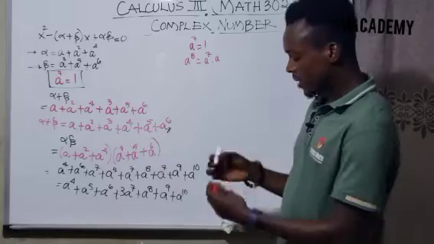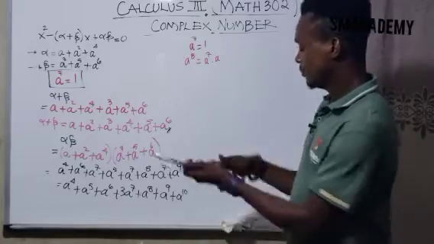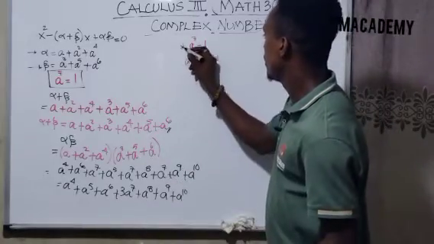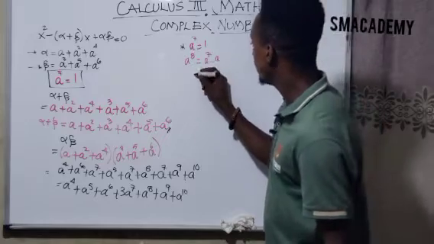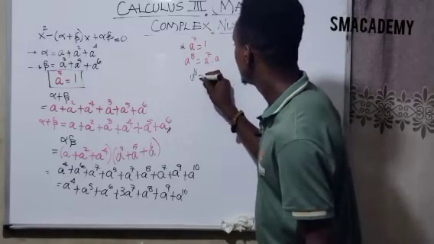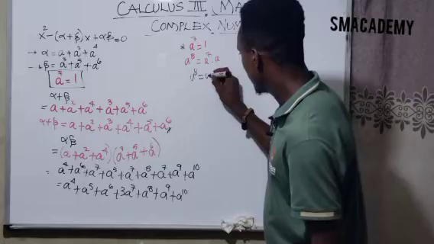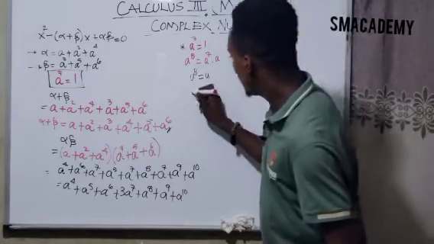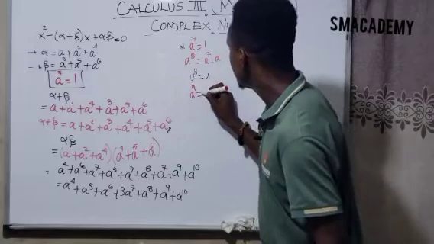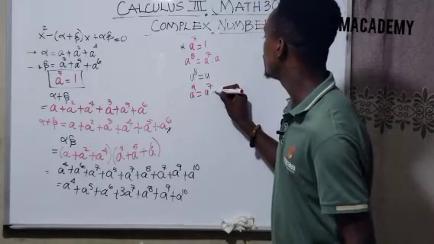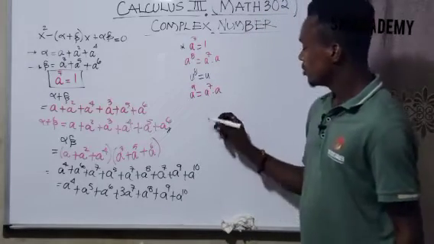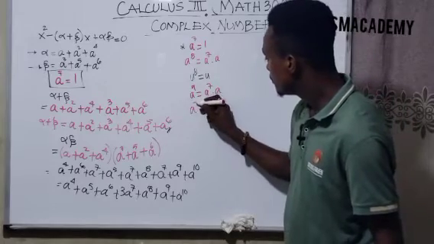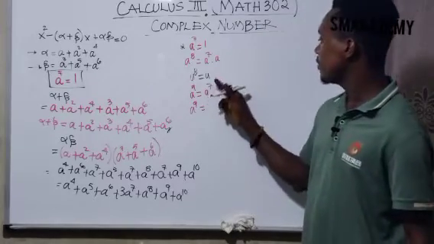Since a to the 7th power is 1, 1 times a gives a to the 8th power equal to a. Also, a to the 9th power is a to the 7th power multiplied by a squared.